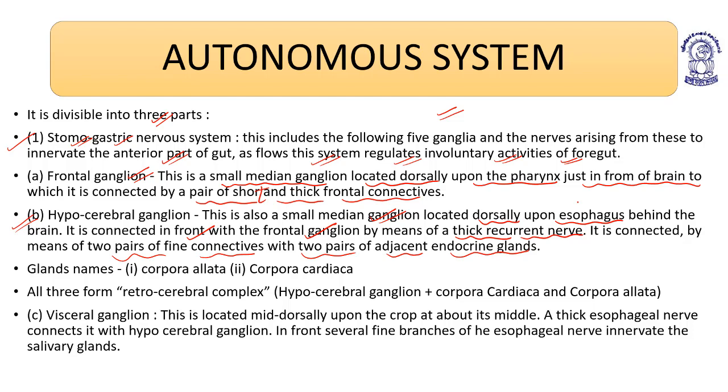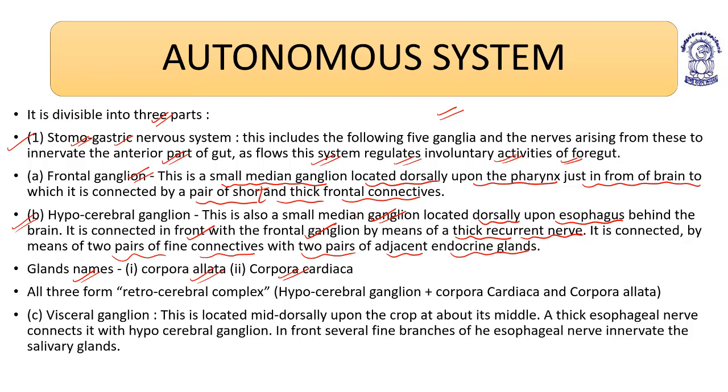The hypocerebral ganglion is also a small median ganglion, located dorsally upon the esophagus behind the brain, connected in front to the frontal ganglion by a thick recurrent nerve, and by two pairs of fine connectives to two pairs of adjacent endocrine glands. The gland names are corpora allata and corpora cardiaca.